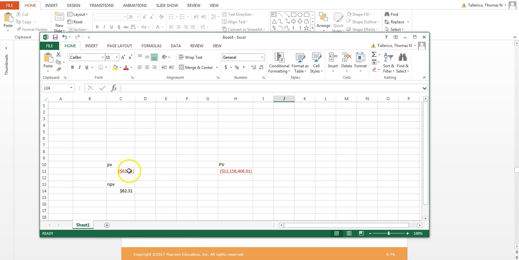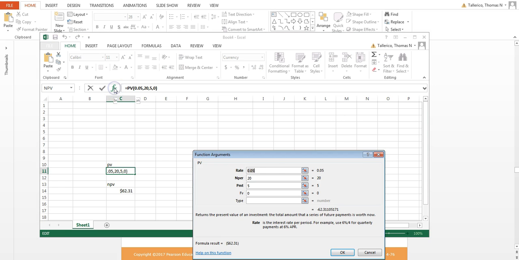I took the present value function, as you can see, and I put 5% interest, 20 years, and a payment of $5, and here it is. Here's your answer, $62.31. So without any equations or any complexity, here's basically the present value that they calculated with a very large equation with multiple slides.